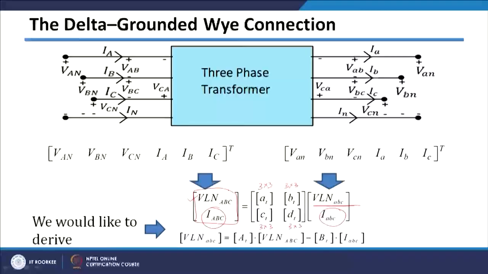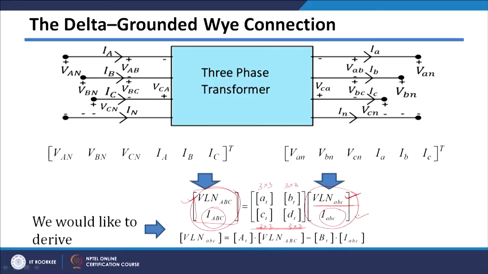For that case also we need to bring ABCD parameters in terms of line to neutral voltages, and the secondary side voltages also we want as line to neutral. On the source side the quantities we want are line to neutral voltages and line currents. So, always remember this.